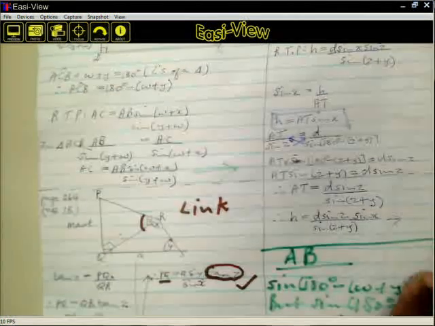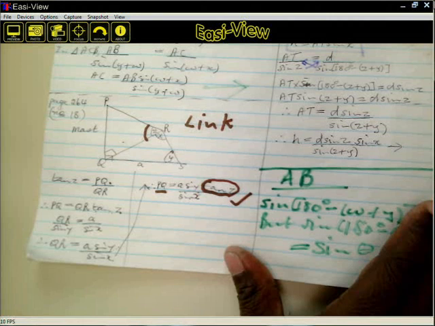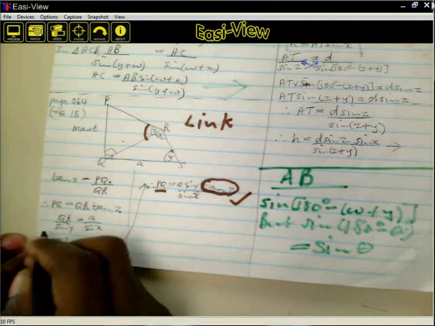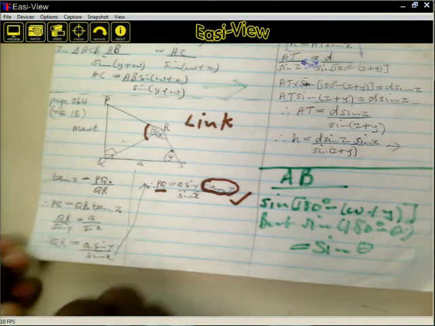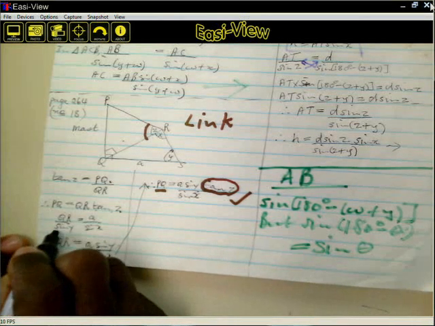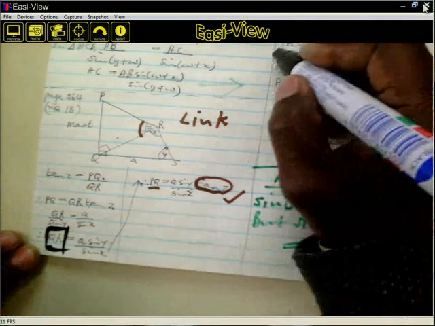Now, if we may go back, I want us to concentrate on this QR and this AT here.